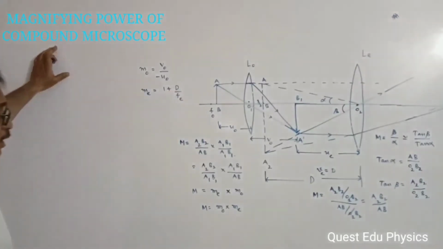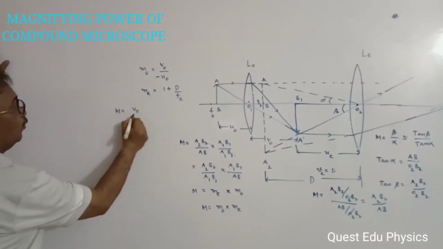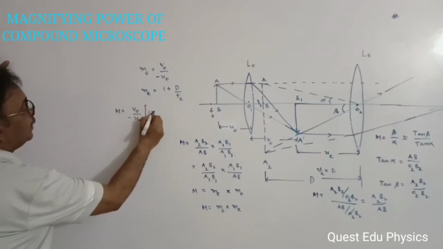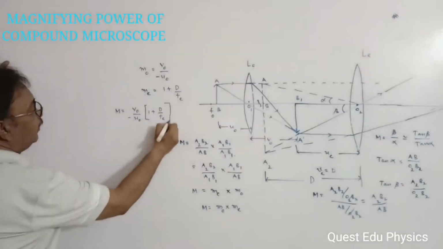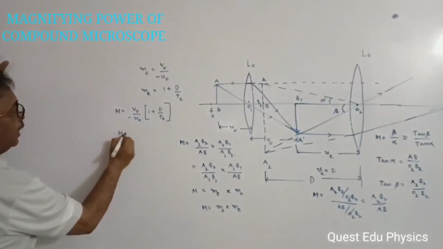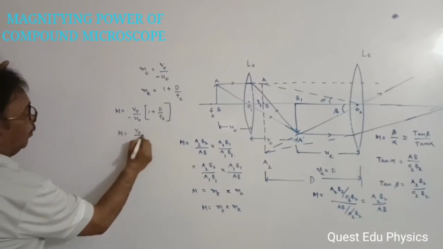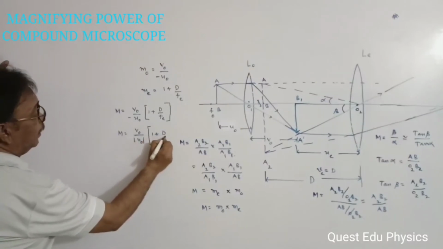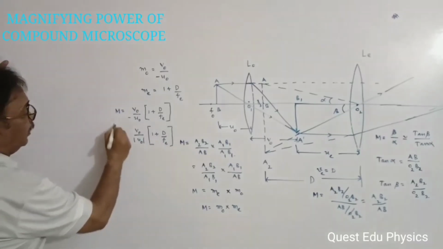So the total magnification M is equal to VO by UO into 1 plus D by FE, where FE is the focal length of the eye lens, or M is equal to VO by magnitude of UO into 1 plus D by FE. This is the formula for the magnification.